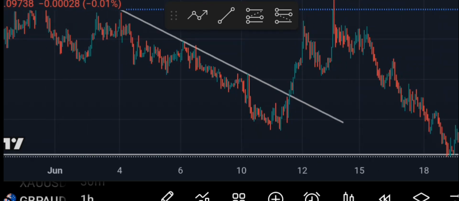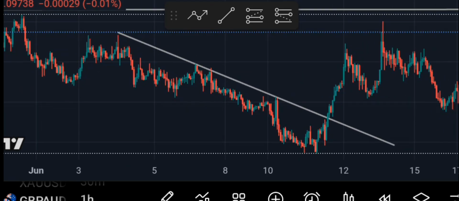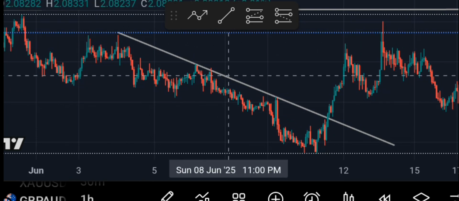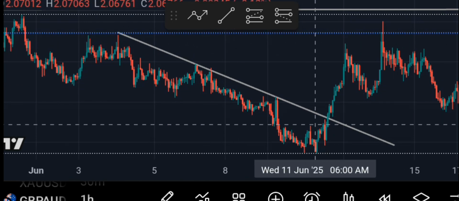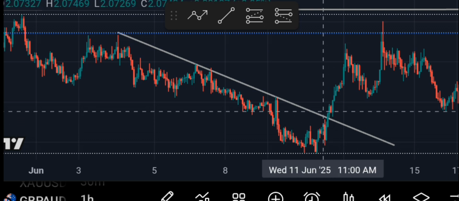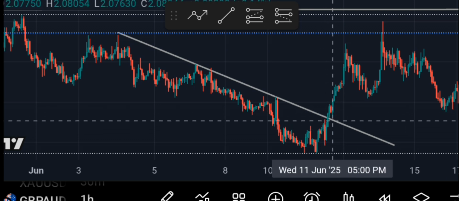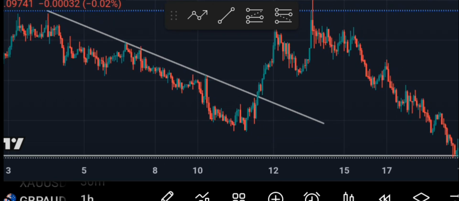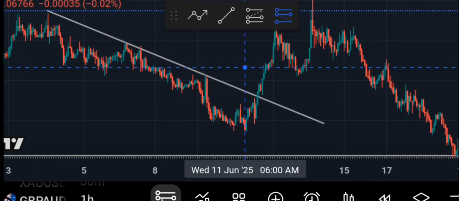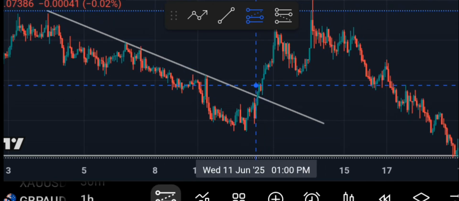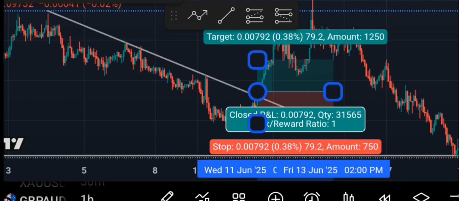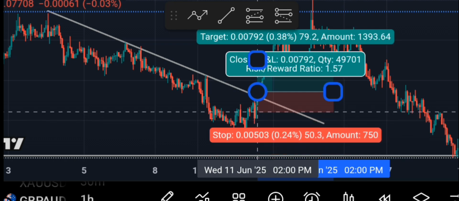So as you can see here, after drawing our trend line, first touch, second touch, and third touch, then the fourth touch, you see we have a breakout. This was a beautiful breakout. So all you have to do is to place your long position, that is your risk to reward, on this candle that closes above this trend line. Then you put your stops below that candle.